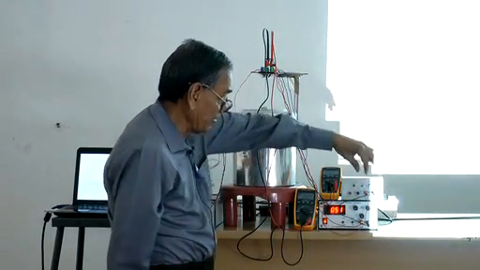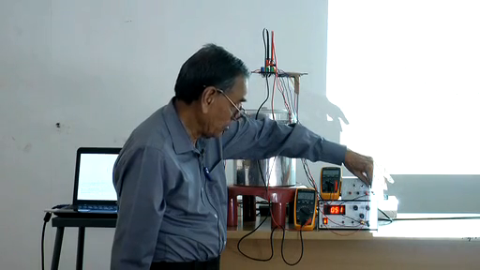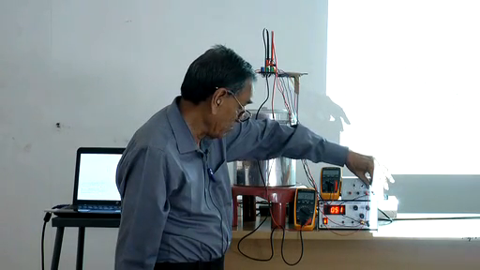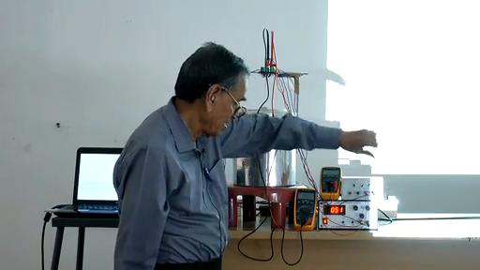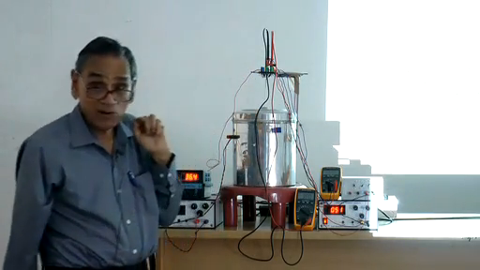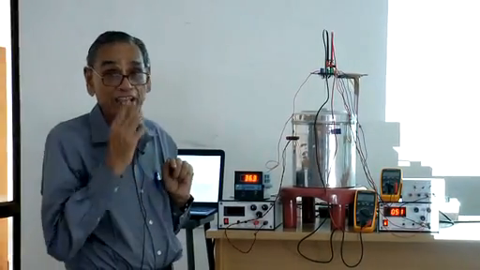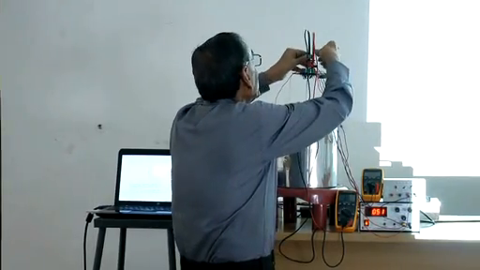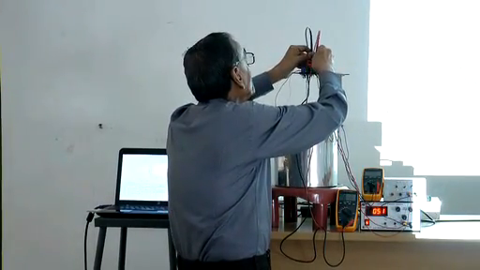If I change this, forward voltage will increase. So, I start with 0.3 volts. There will be a forward current which will flow through 2K. So, I measure with the same multimeter the voltage between 4 and 5.